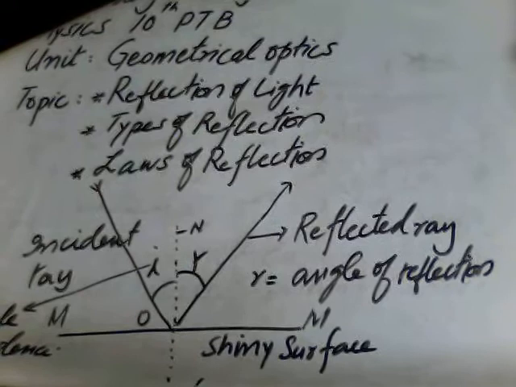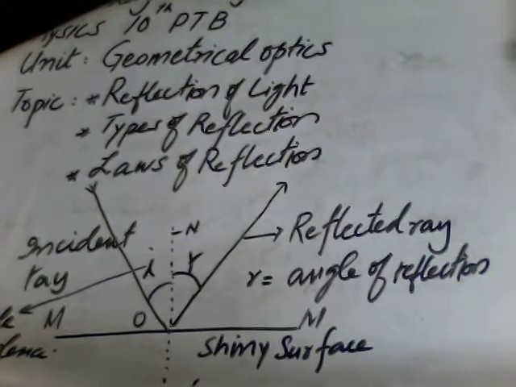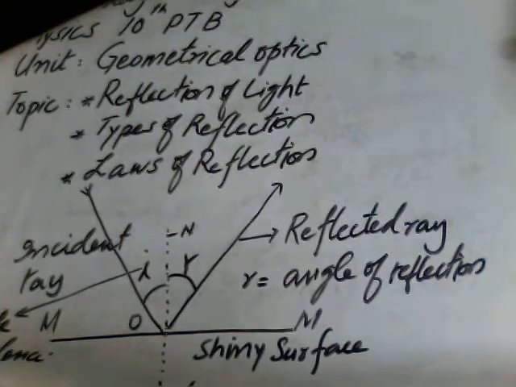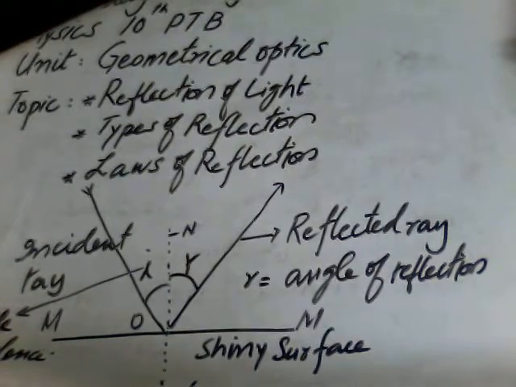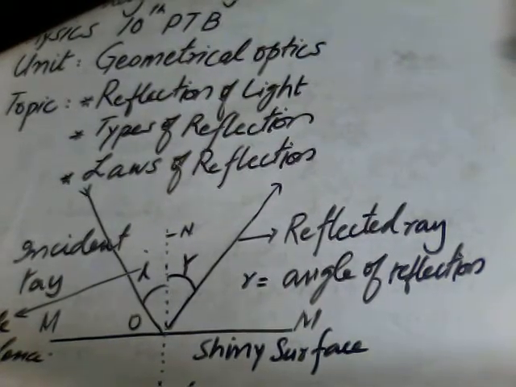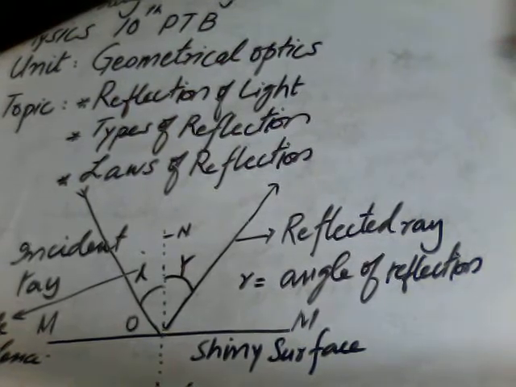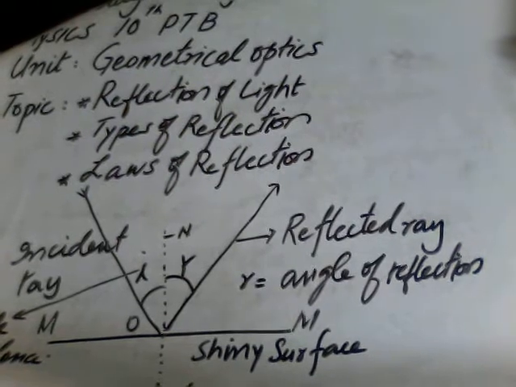When light strikes different objects like walls, trees, mountains, wood, metal, shiny surfaces, how do they behave with the light?